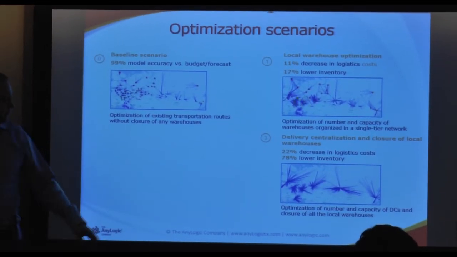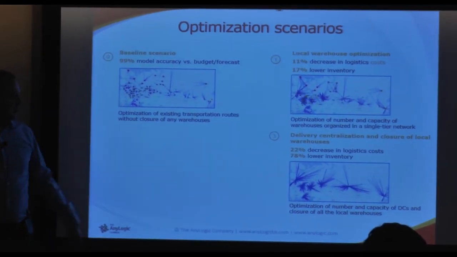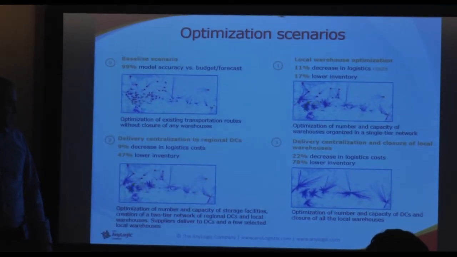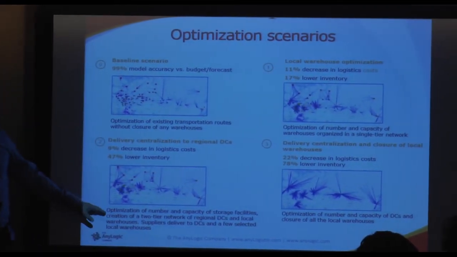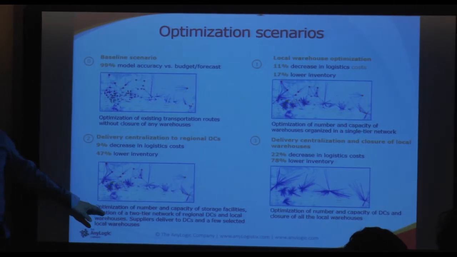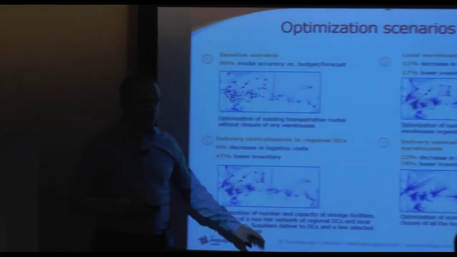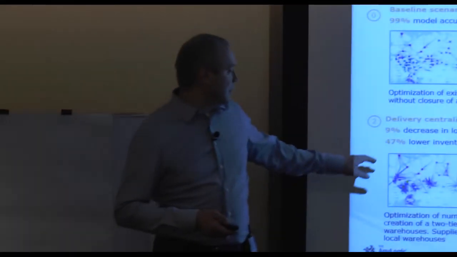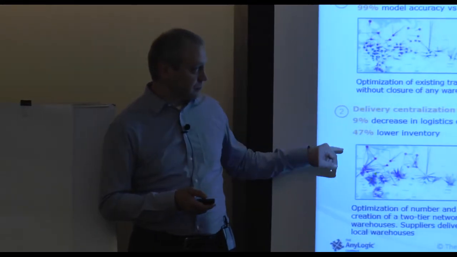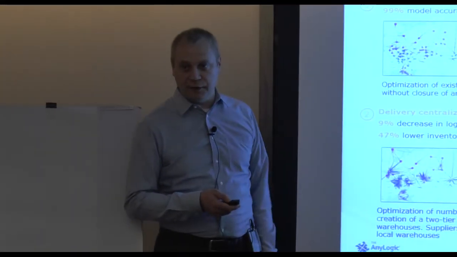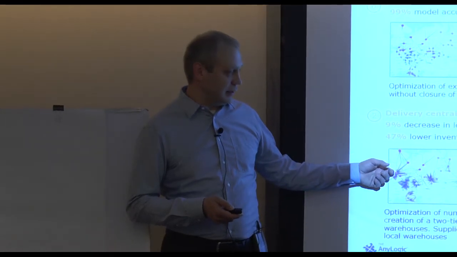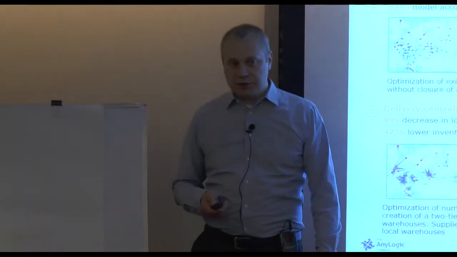The second scenario, which they finally chose, was something in between: optimize the number and capacity of the storage facilities they have, and create a 2-tier network. Those were the savings they finally calculated, and they chose this scenario to go.